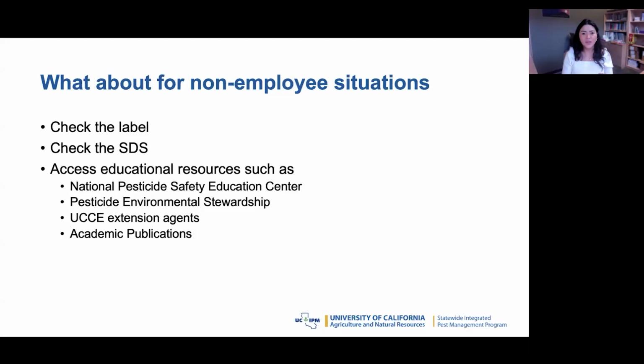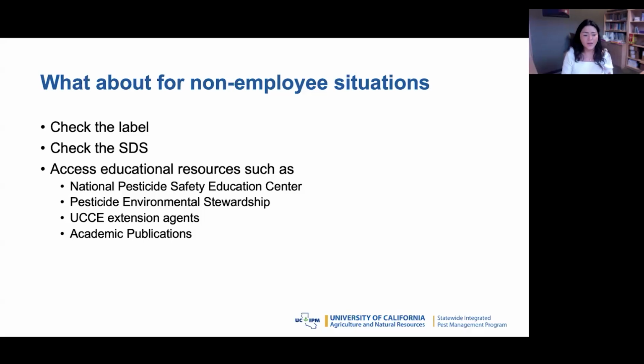You also want to make sure that you're looking at the safety data sheet, which is another document that overlaps with the label in some sections, but they have different functions. The SDSs are going to provide a chemical profile on what the active ingredient is and some other specifics on what to do in case of emergency, as well as the label.